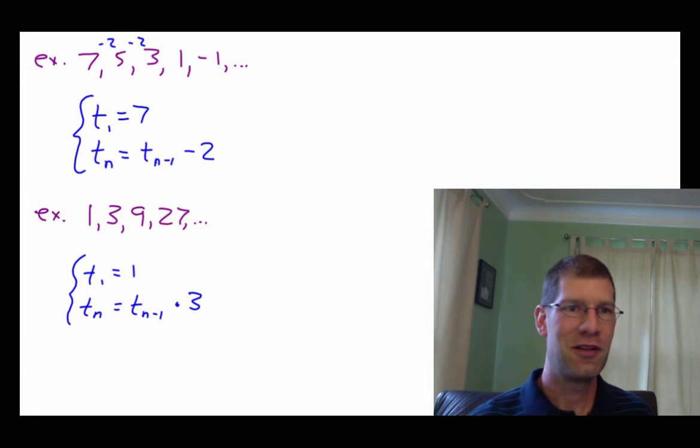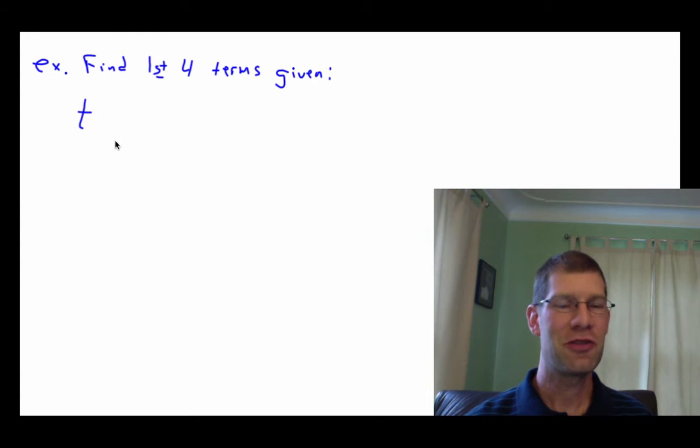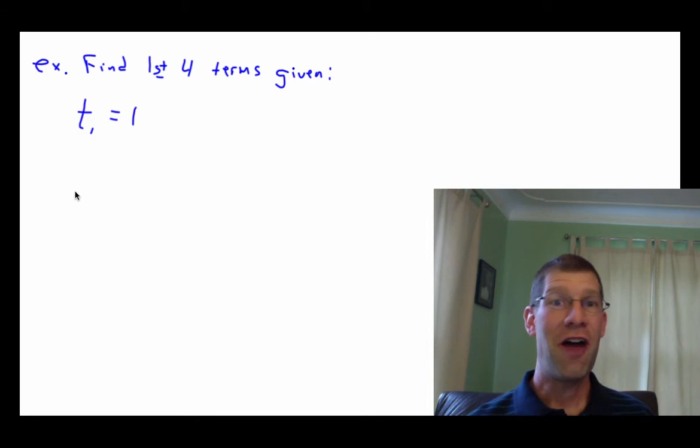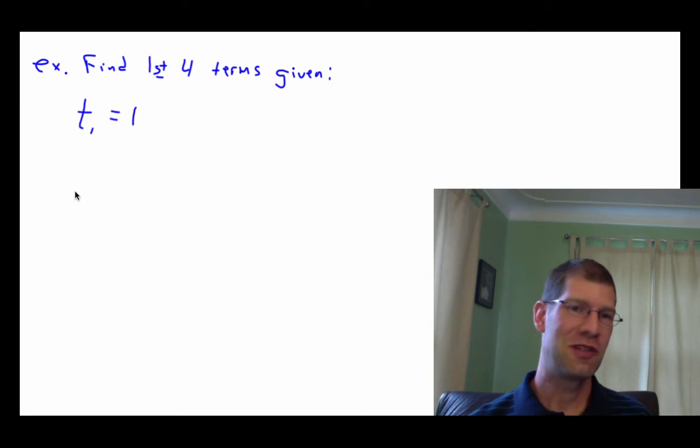I suppose I could throw one more example in. If you have one that says, find the first 4 terms given this here, why don't I throw you one kind of like Fibonacci's? Actually, why not? This will be Fibonacci's. I said that often they give you the first term or the first terms. T sub 1 equals 1, we'll say. T sub 2, here's where I'm having the conflict.